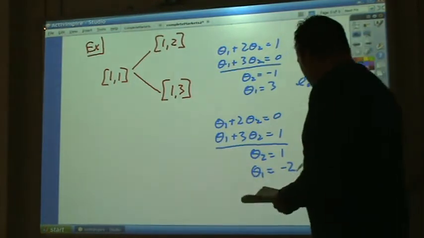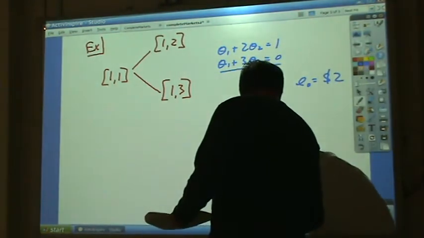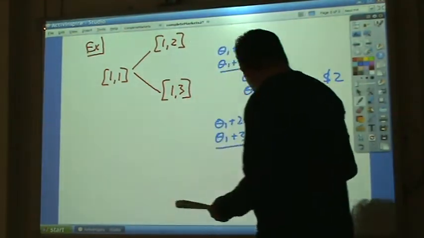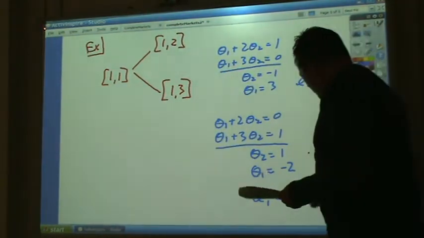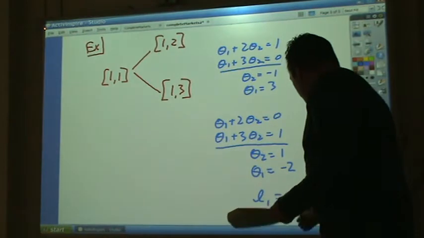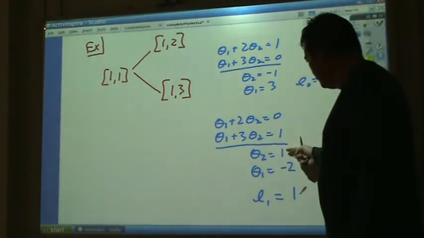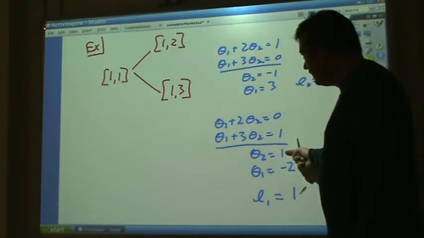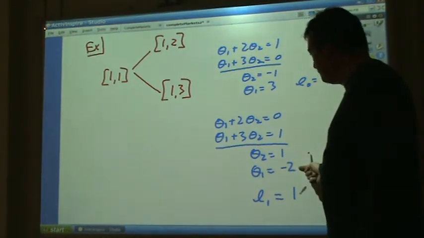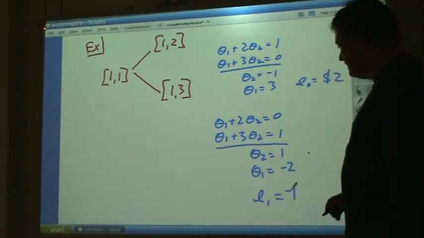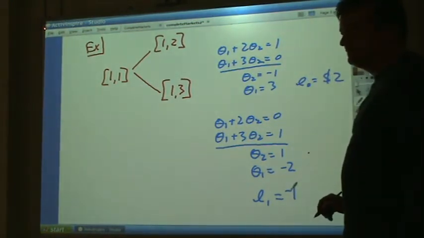All right? Okay. And then the second elementary security would be: we would want to buy 1 unit of the second thing and -2 units of the first thing, which would mean we would pay -$1 right now.